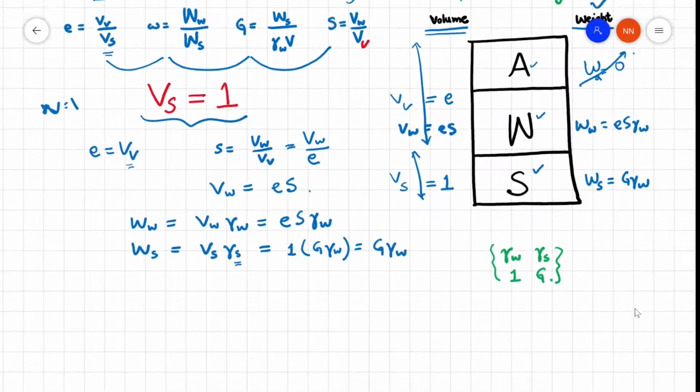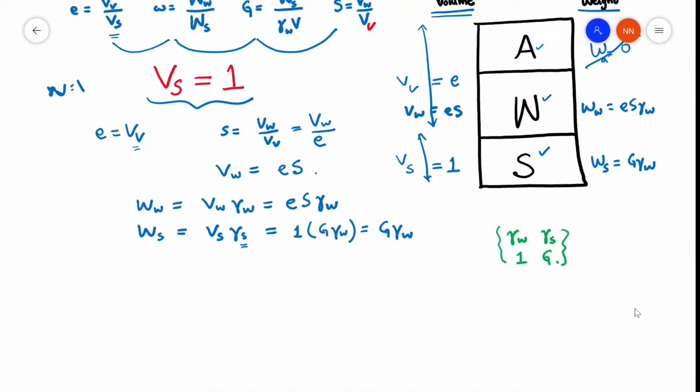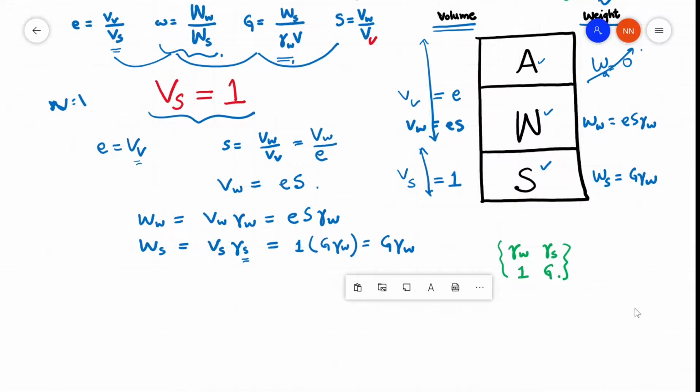Now we just need to connect this. In order to connect this, the final thing that we have not used in this relation is W. We already used G. We know the water content is equal to the weight of water over the weight of solids.